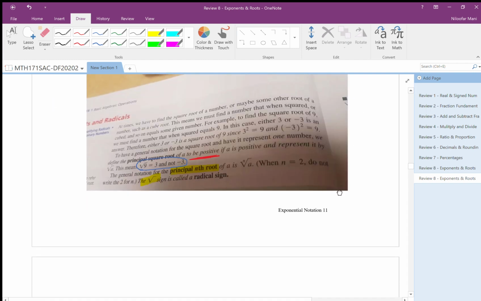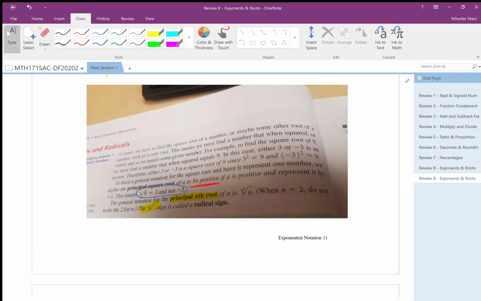However, I see many times a student, they write radical 9 plus minus 3, radical 16 plus minus 4, radical 25 plus minus 5. I accept it because they saw it before and I know what they mean. But mathematically, when I use the symbol radical, the symbol is defined to be positive, so I cannot use negative.